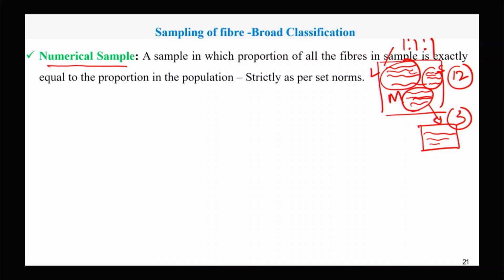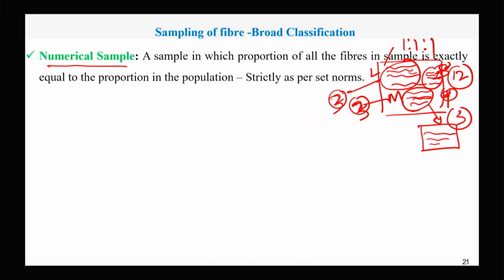Okay. If we take the 3 fibers out of that, so 9 fibers are remaining. That means 3 fibers of longer length, 3 fibers of medium length and 3 fibers of short length.